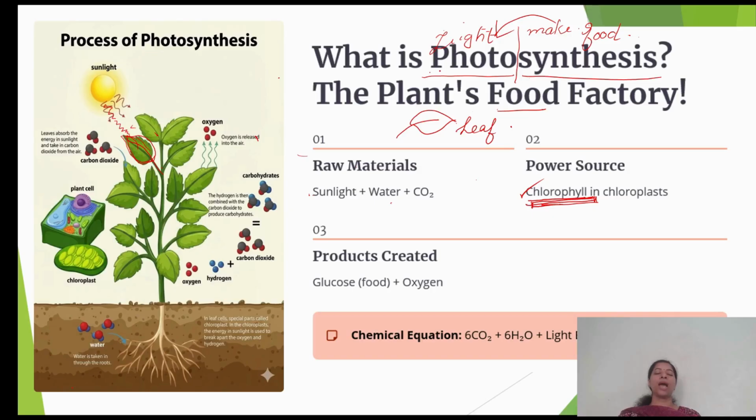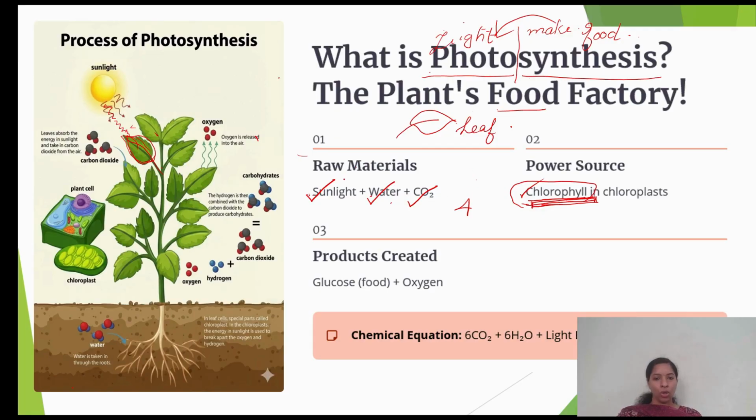As we said, this happens in the presence of light, so obviously we need sunlight. Then we need water and carbon dioxide. So how many raw materials do we need? Four. This is why we are not able to make food, because we don't have the chlorophyll pigment, right?